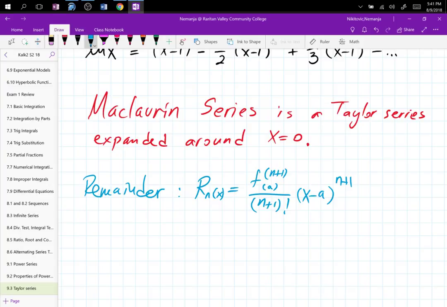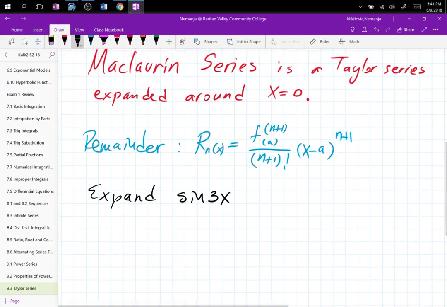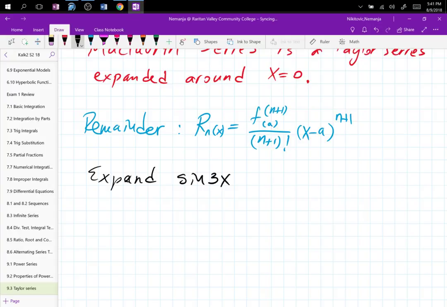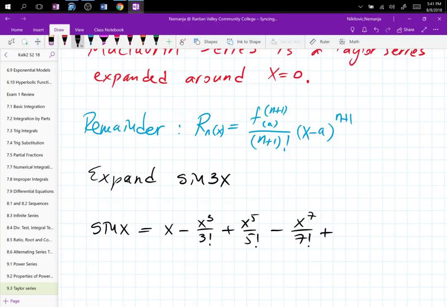So now they are asking us to expand sine of 3x. Well, I start by saying that the expansion for sine x, we know it, is x minus x cubed over 3 factorial plus x to the 5 over 5 factorial minus x to the 7 over 7 factorial plus dot dot dot going forever.